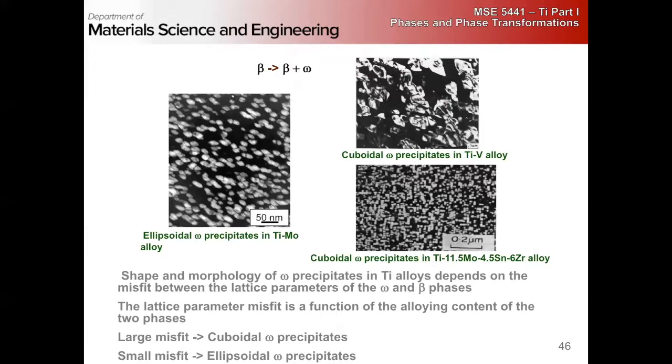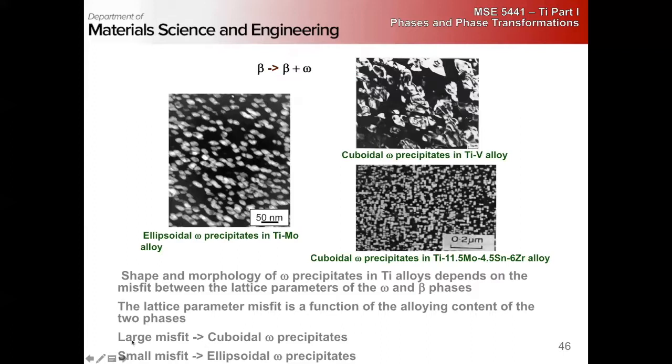But depending on the exact composition, and the misfit resulting from composition changes, they can be either ellipsoidal or cuboidal precipitates. It's going to depend on the misfit between the lattice parameters of the omega and beta phases, which depends on which alloying elements you have in there.